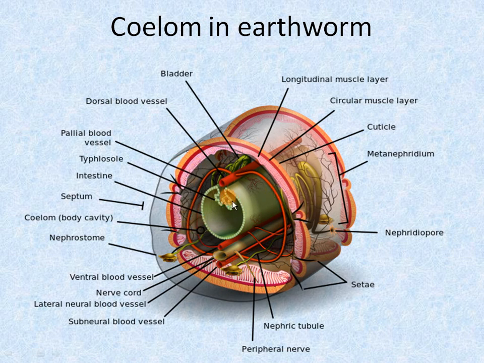Now between the endoderm and mesoderm you have this entire cavity, a tunnel like structure, where blood vessels are present. This is blood vessel, this is nerve cord, this tube like structure is the nerve cord. So in the cavity there is presence of blood vessels, nerve cord, and if you go through other segments you will find the presence of hearts.